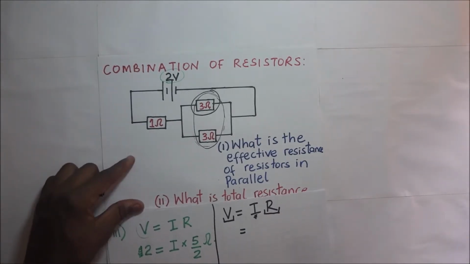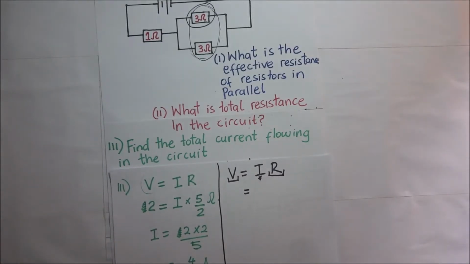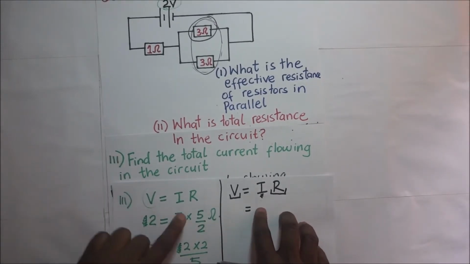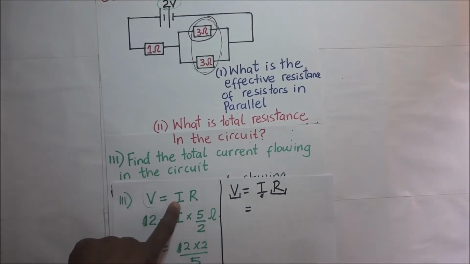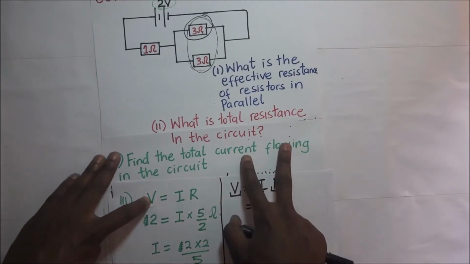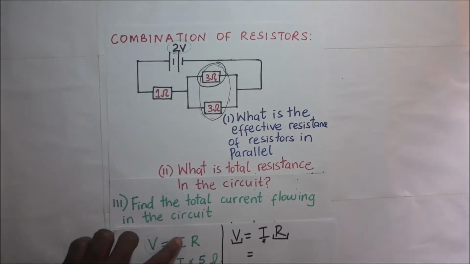Now if I may take this back a bit, here in Roman 2 we were asked to find the total current flowing in the circuit. So for us to find the total current flowing through the circuit, we considered the total voltage in the whole circuit, which happened to be 2 volts, equal to the current that we are looking for, flowing in the whole circuit, which is the current coming from that dry cell, multiplied by the resistance in the whole circuit.